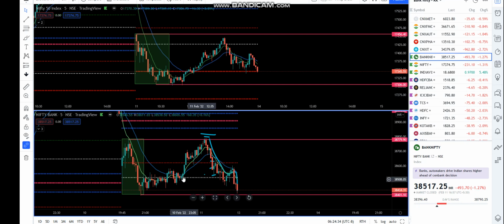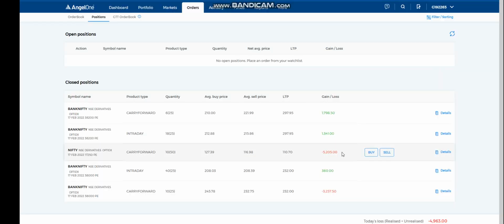But what happened was the market took support, and the market went up as Nifty got support here. So I took this huge loss, and after that I did a few scalpings, but they didn't work out my way. I tried to reduce my losses, but it didn't work well.